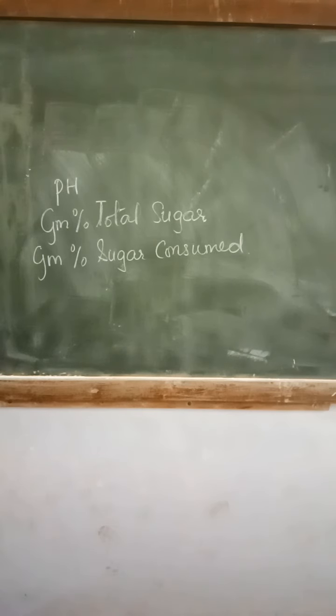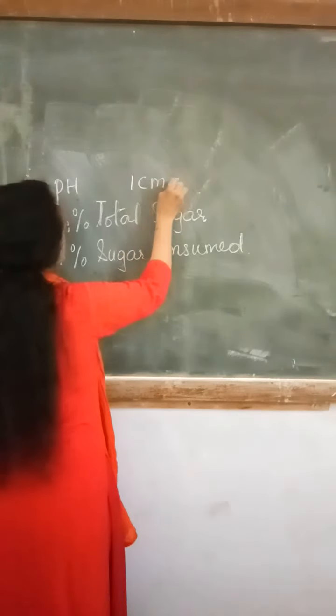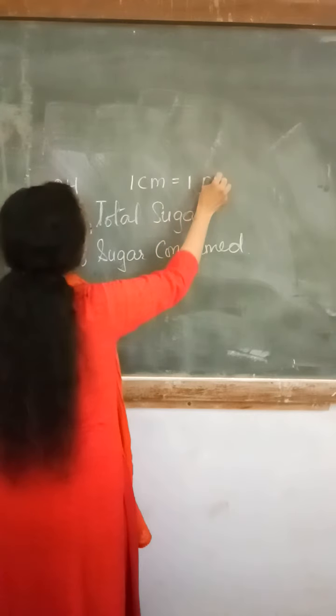First of all, we will see what the values on the different axes of these parameters are. Very firstly, for pH, we will take 1 centimeter equal to 1 pH.